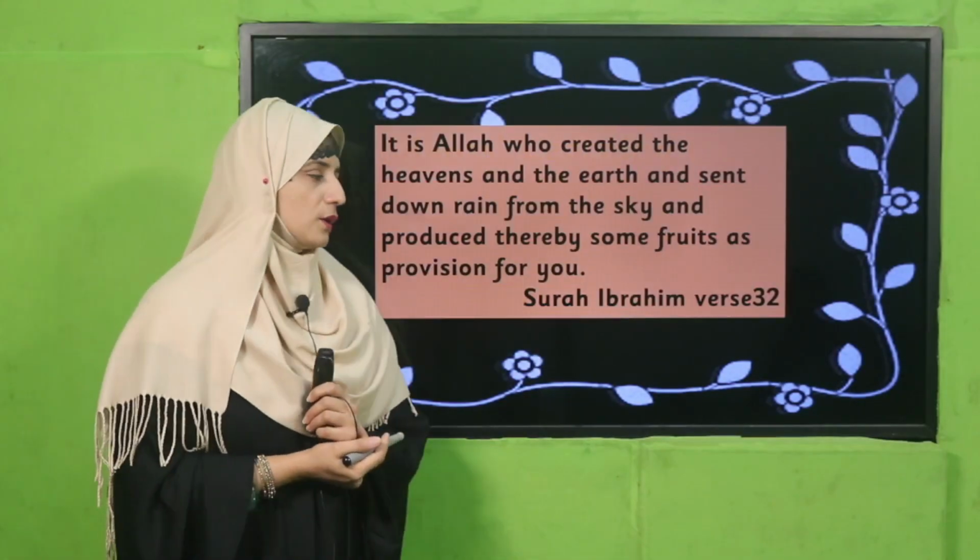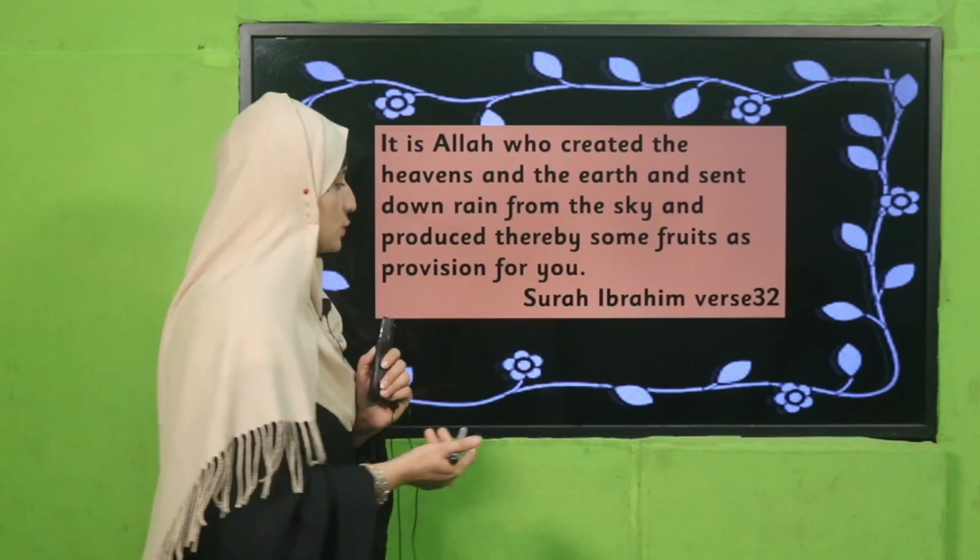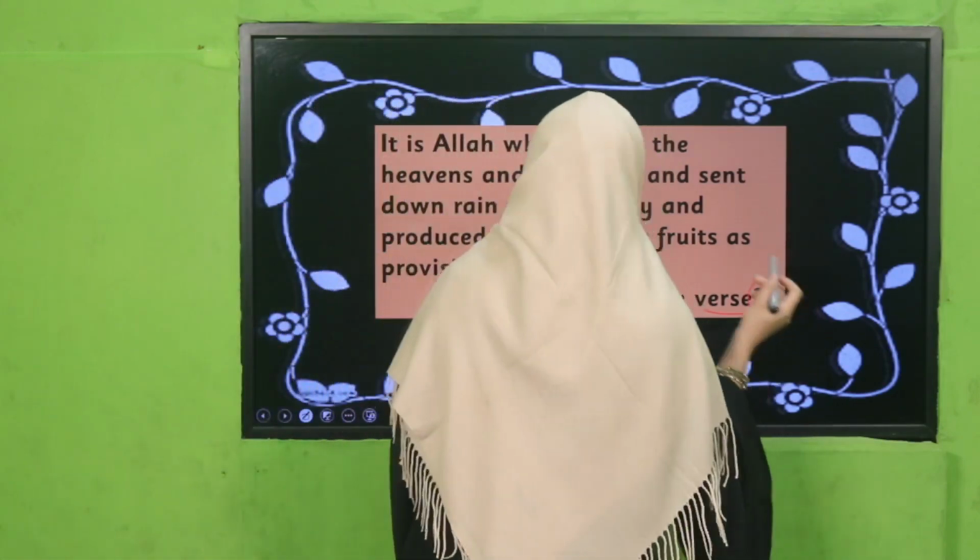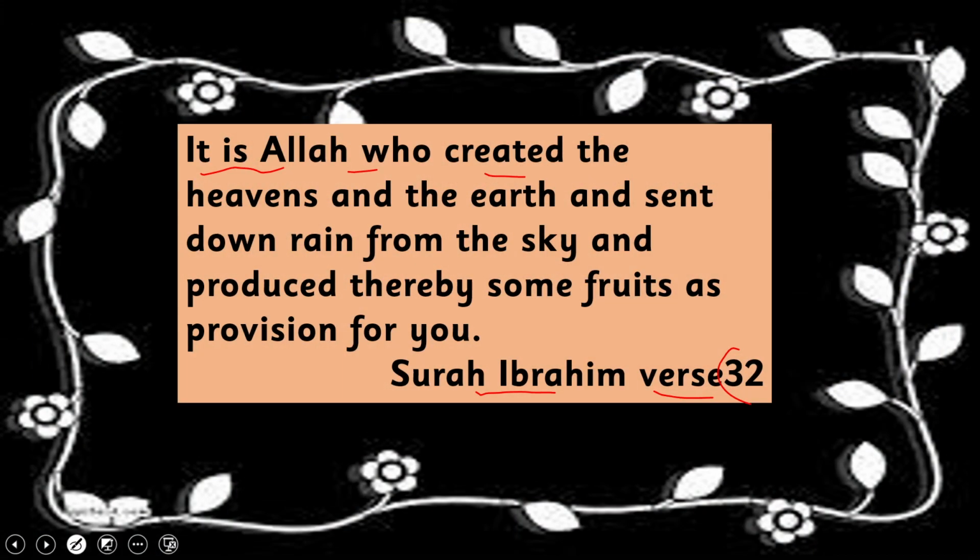Before that, Allah subhanahu wa ta'ala mentions in the Quran, Surah Ibrahim, verse number 32: It is Allah who created the heavens and the earth and sent down rain from the sky and produced thereby some fruits as provision for you.